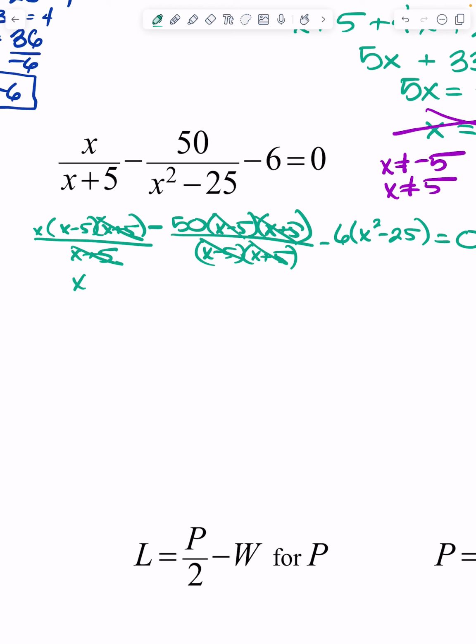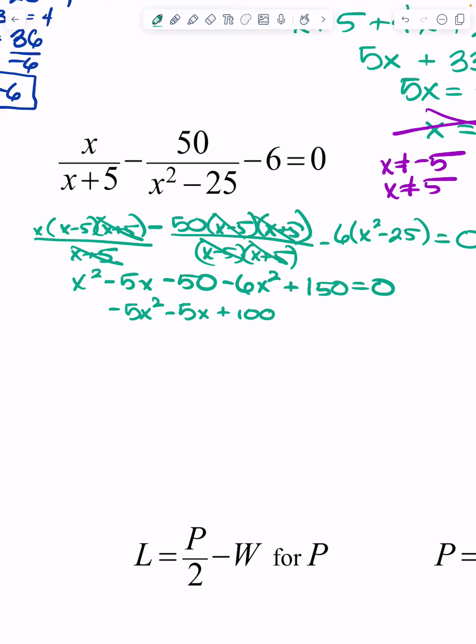These cancel. I get x squared minus 5x minus 50 minus 6x squared plus 150. I got minus 5x squared minus 5x plus 100. I'm going to factor out that negative 5.